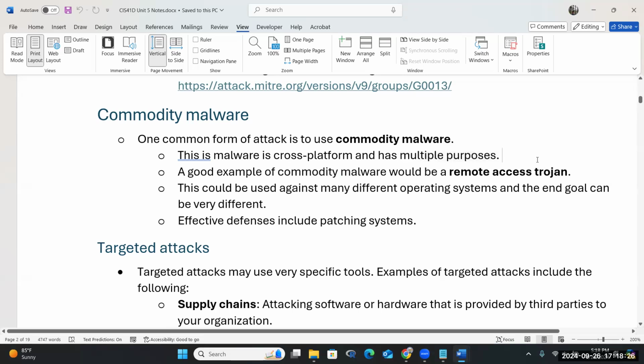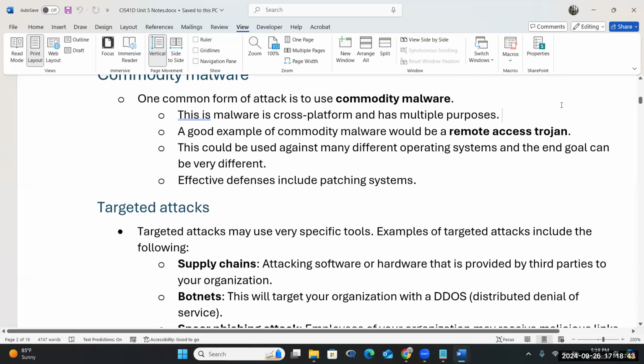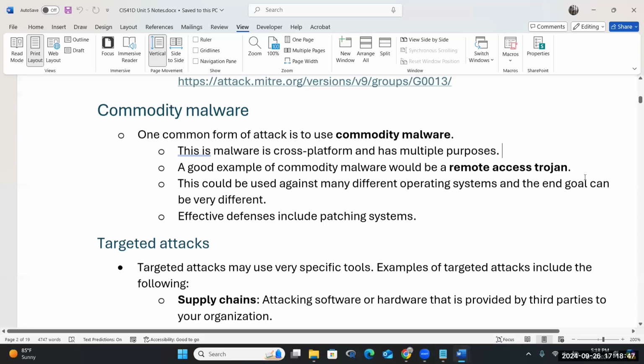Because usually a malware would have a purpose. For example, if you have a remote access Trojan, right? Its purpose is to open up access for remote users. Or getting the user to provide some credential information and so on.